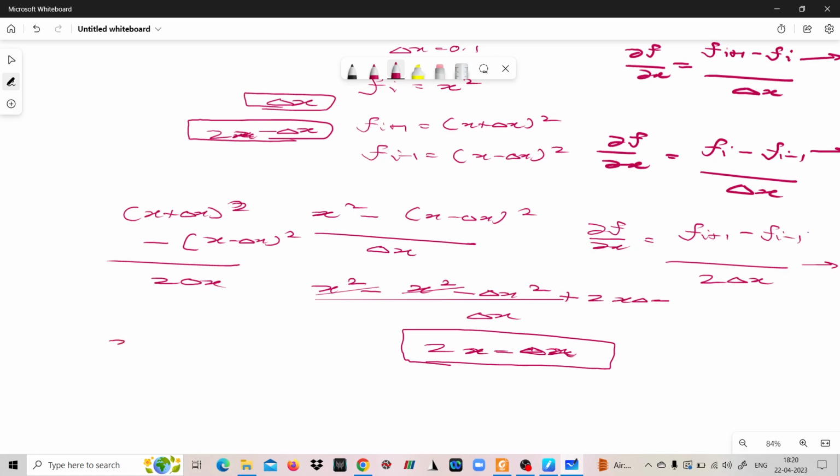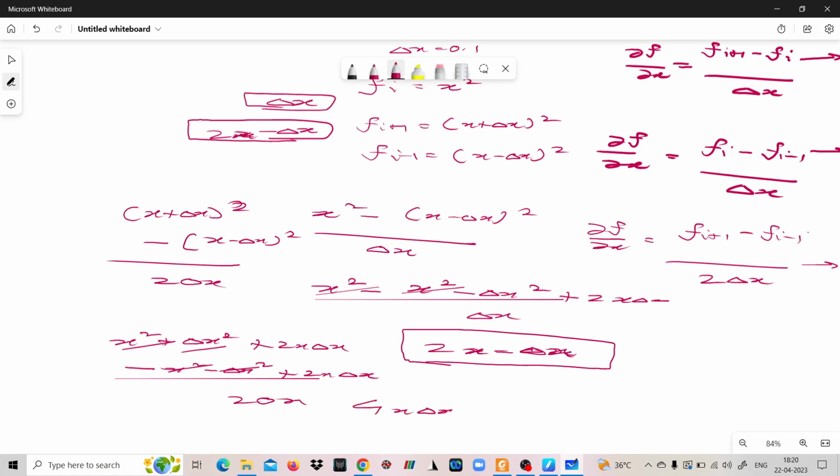Let us see, x square plus delta x square plus twice x delta x minus x square minus delta x square plus twice x delta x, divided by twice delta x. So these two will cancel out. So 4x delta x divided by twice delta x. So for central difference you are getting the exact answer, which is twice x.